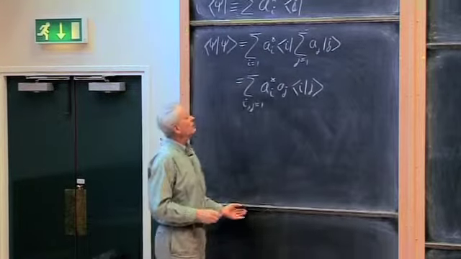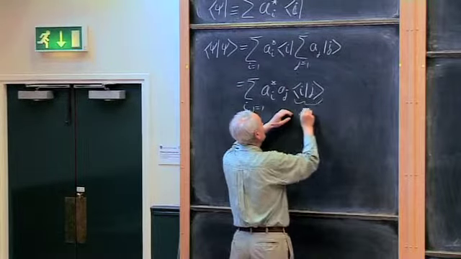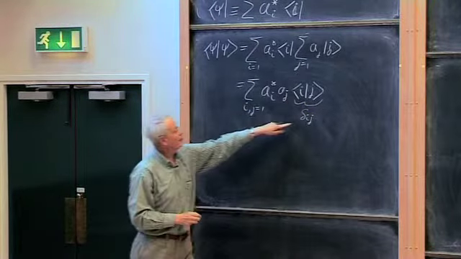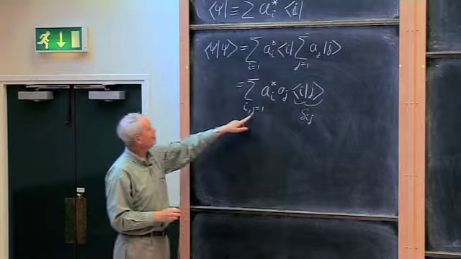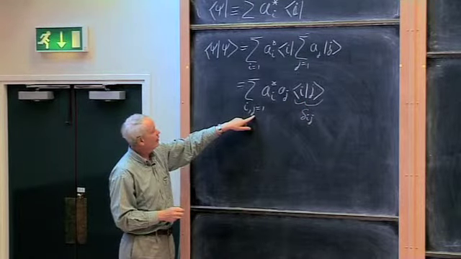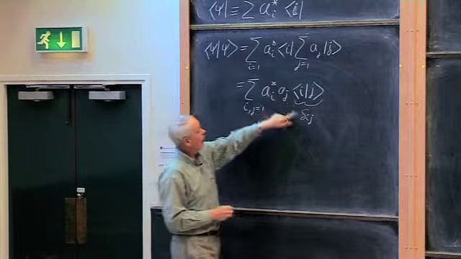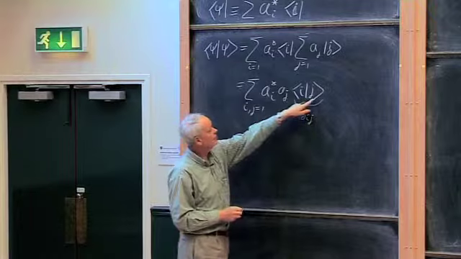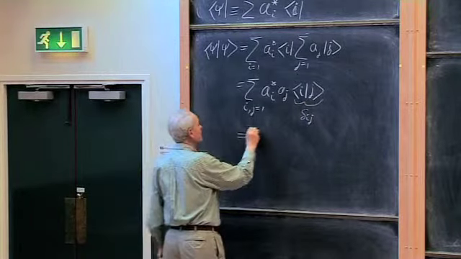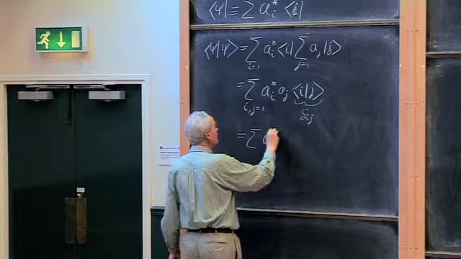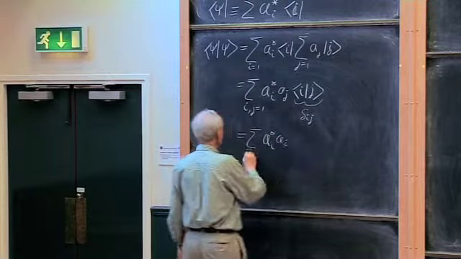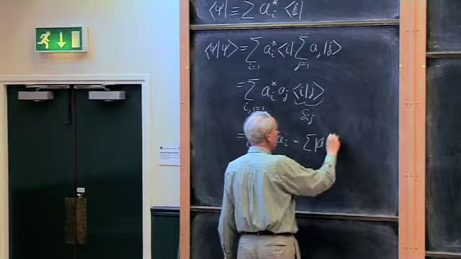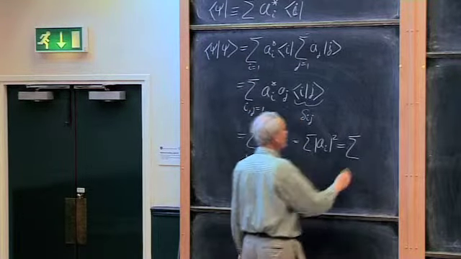And now I use the fact that by definition of this function <i|j> is delta ij, so it is nothing unless i equals j. So now let's do the sum over j, for example. As I do the sum over j, I will get nothing except for that particular j which is equal to i, and then this will become 1. So this becomes the sum of a_i star a_i. In other words, it becomes the sum of |a_i| squared, which now, that's just mathematics.